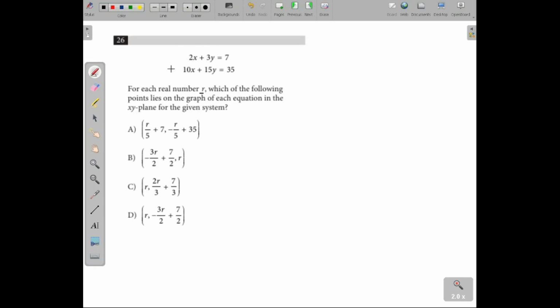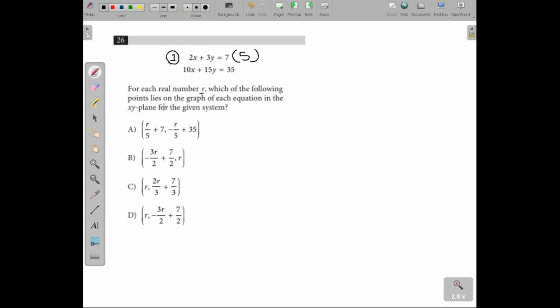These two equations are equivalent because if we multiply the first equation by 5, we'll get the second equation. 2x times 5 will be 10x, plus 3y times 5 will be 15y, and 7 times 5 will be equal to 35. So we should only use one equation, and the first one looks easier because the coefficients are smaller.